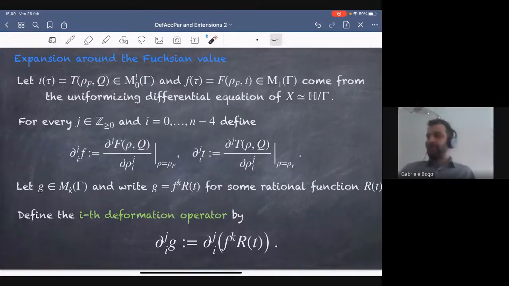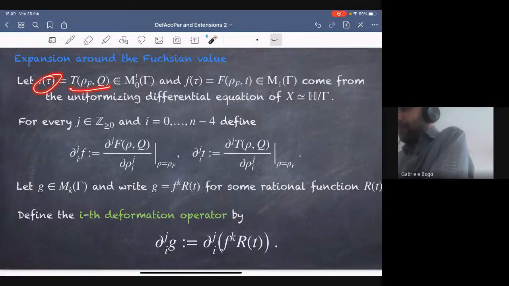So recall what we did before. We have our uniformizing differential equation, a solution, and from the solution we can construct a power series that then we specialize to the modular function, and another power series then we specialize to the modular form of weight 1.